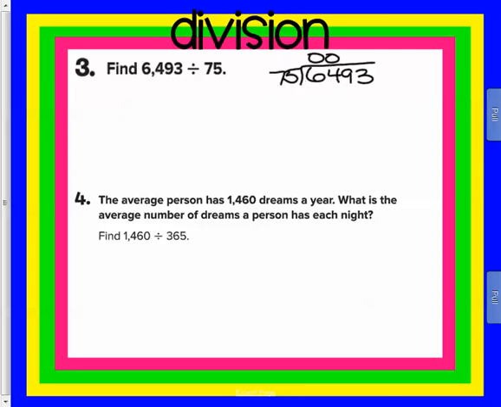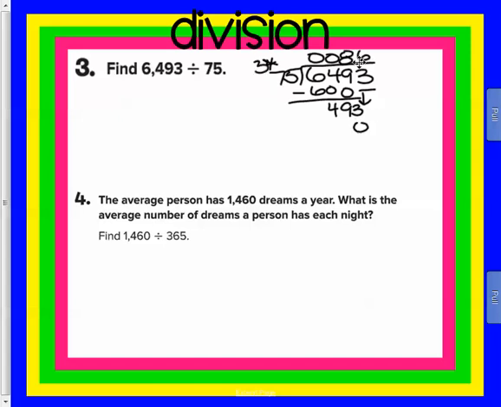It goes in 8 times, and 8 times 5 is 40. Carry my 4. 8 times 7 is 56, plus 4 is 60, so we get 600. Subtract, and I get 49. Bring down my 3. 75 goes into 493 a total of 6 times. 6 times 5 is 30.